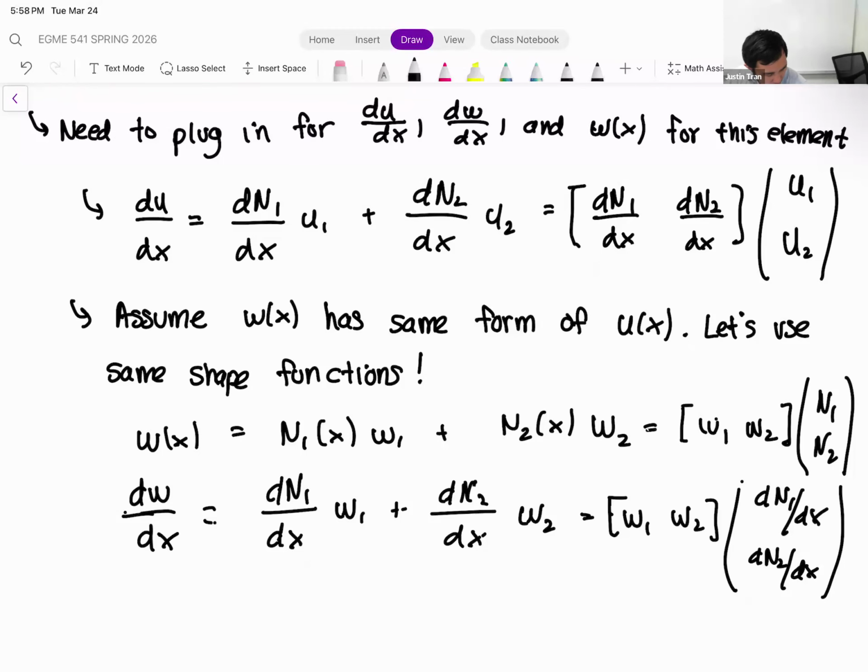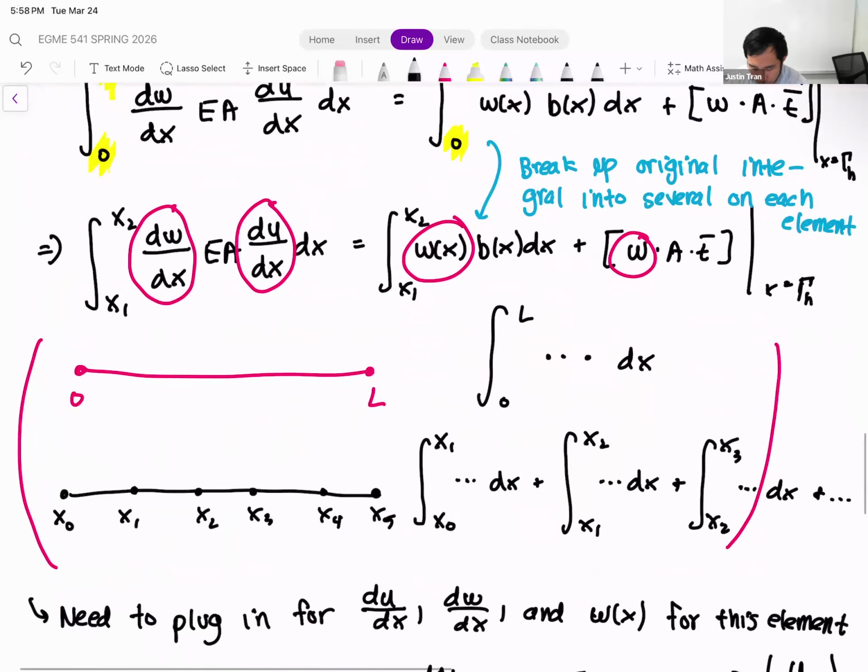Okay, all right. So now that we have all these expressions, we are ready to plug in. Basically everything that I've circled in pink here, and I'll highlight it in yellow again as well. Essentially, we're going to take our vector expressions for these quantities, plug them in, and work through the algebra from there.